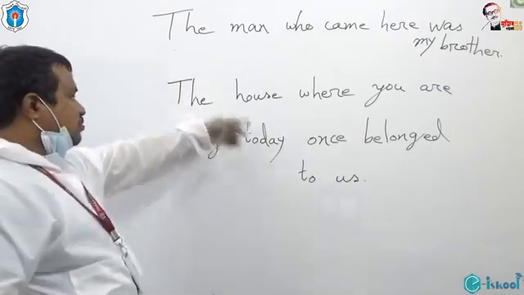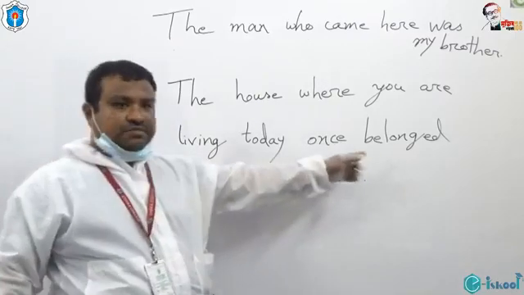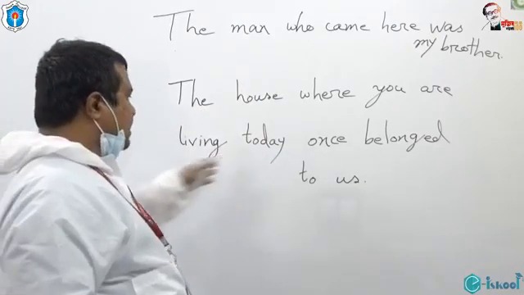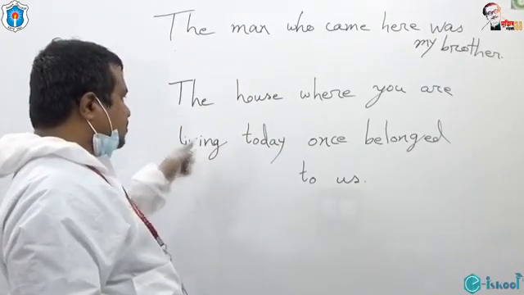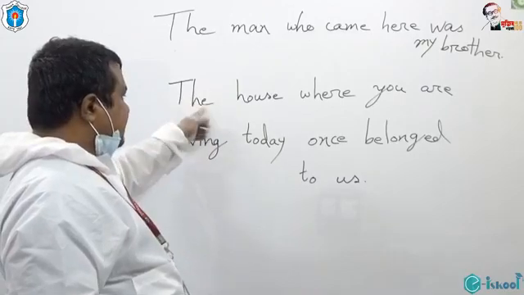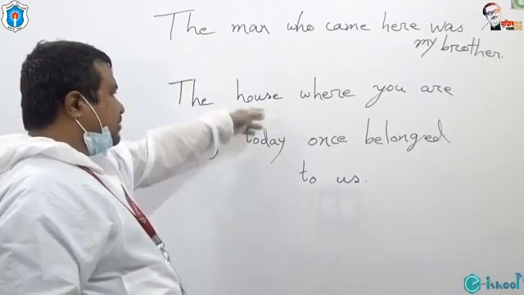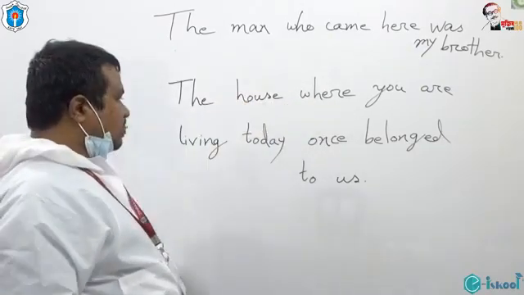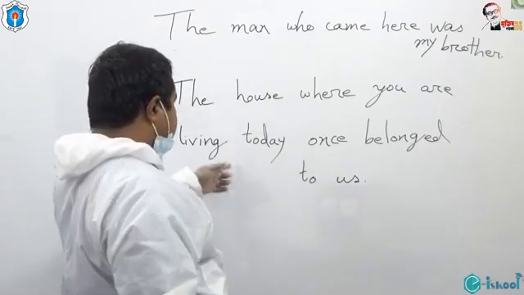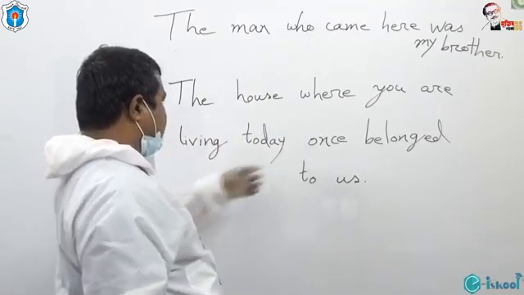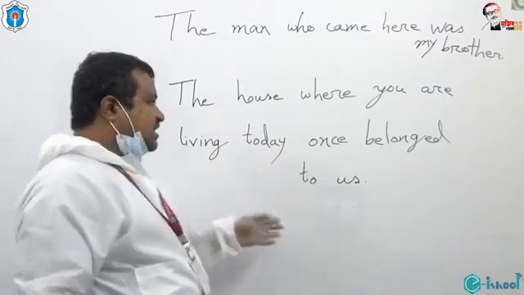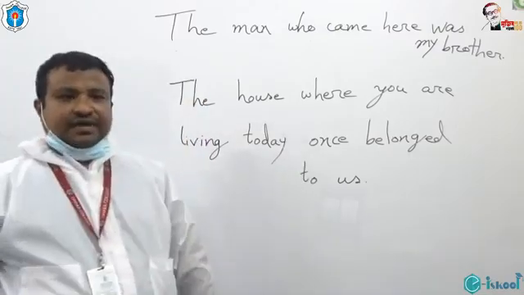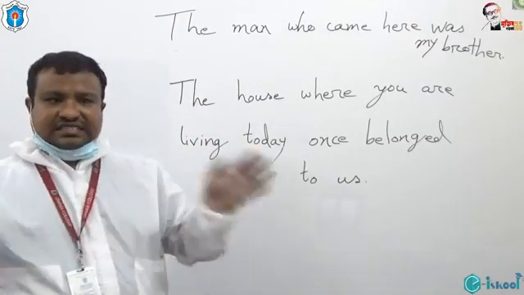The house where you are living today once belonged to us. See, the house where you are living today. This is another example where the relative pronoun is used just after the subject. If the sentence stops here, that is, the house where you are living today, then you have to complete it with a clause with a main verb, that is, once belonged to us.